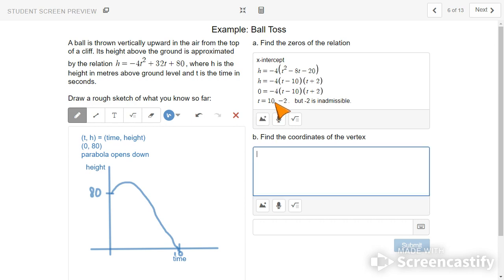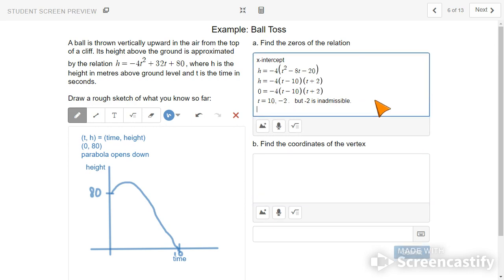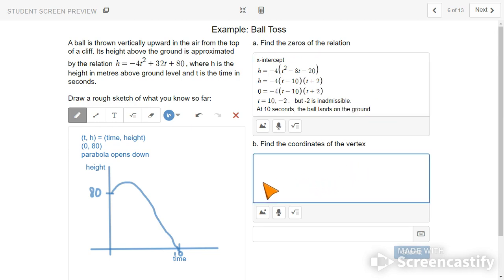Now what this tells us is when it lands. At 10 seconds, the ball lands on the ground. Find the coordinates of the vertex. Well, since I've already gotten the two x values, even though one is inadmissible, I am able to use both of those values to help me find the midpoint.